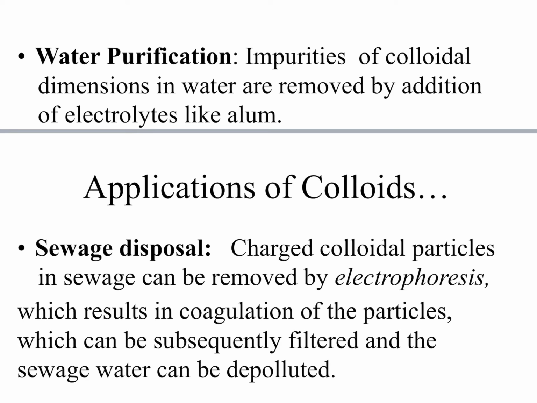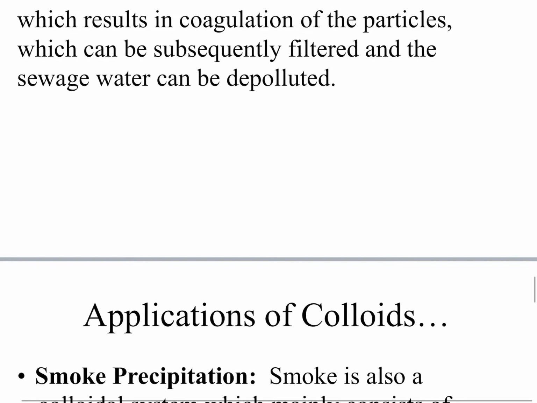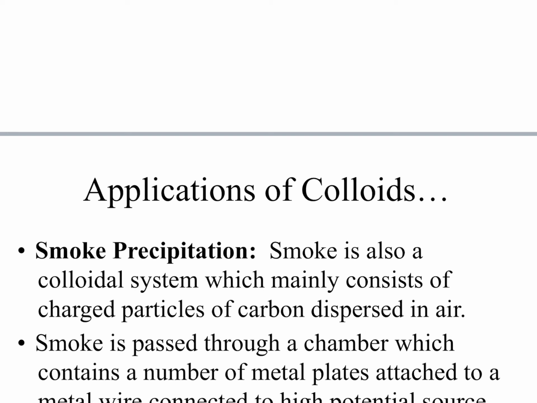So charged colloidal particles in sewage can be removed by electrophoresis, which results in coagulation of the particles, which can subsequently be filtered, and the sewage water can be depolluted. Pollution can be removed from the sewage water. This is one of the applications of colloids. Next, precipitation of smoke.